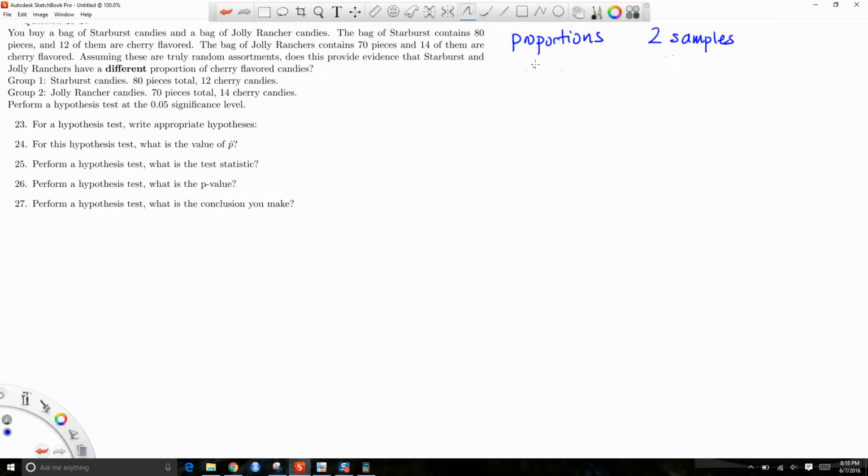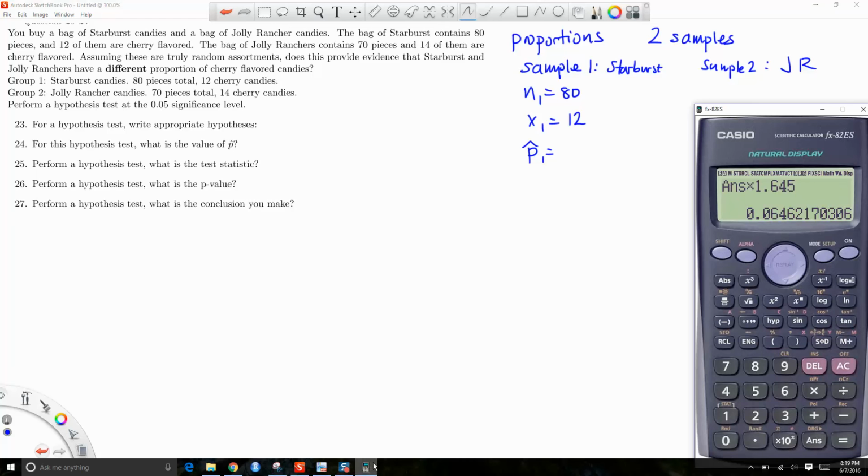Here I'll list off the data that we have. Sample 1 will be Starburst, and group 2 will be the Jolly Ranchers. Our n1 is 80 and our x1 is 12, which means my p hat 1 is 12 over 80, 15%.